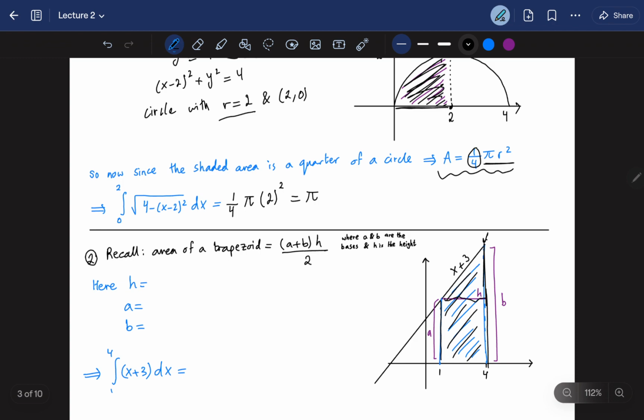Now, finding the height is very easy because it's just the difference between 1 and 4. So the height is just 4 minus 1, which is 3. Now, how about my a? Now, since this a is a y distance, when x is equal to 1, your a is just going to be f of 1.